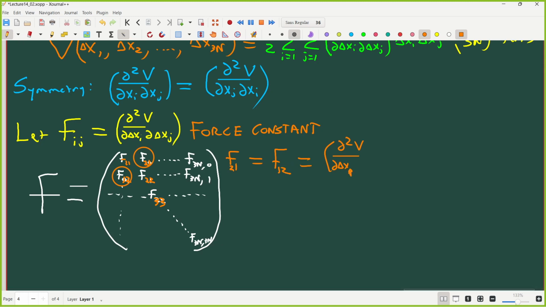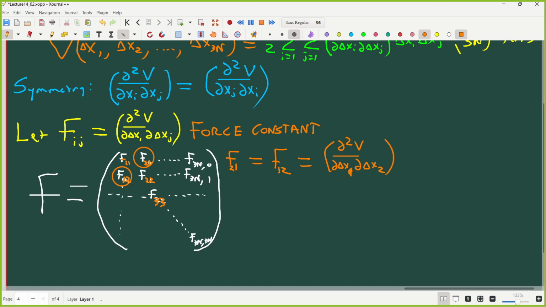So this is the derivative from x sub 1 and along x sub 2, like that. Right? And so it doesn't matter which way I take those derivatives. It doesn't matter if I take the derivative along x2 first or along x1 first, but they're symmetric. That's a rule for the second derivatives.